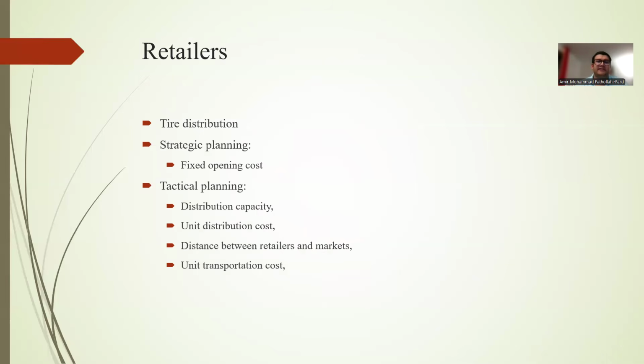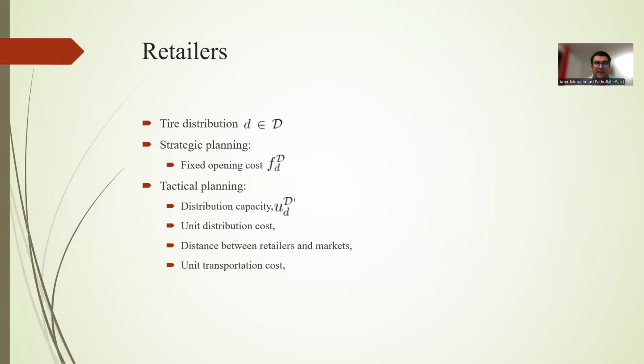There are retailers, which are responsible for tire distribution. From the strategic planning point of view, among a set of potential sites considered for retailers, each site has a fixed opening cost, and we want to locate the optimal locations for the retailers.